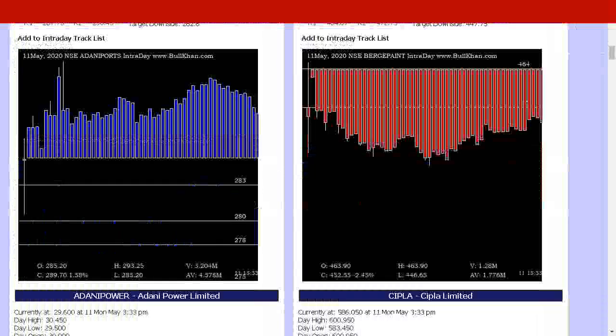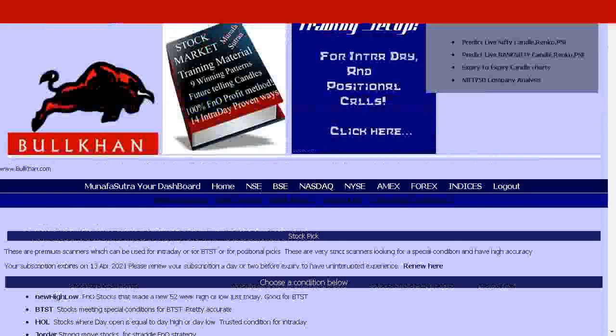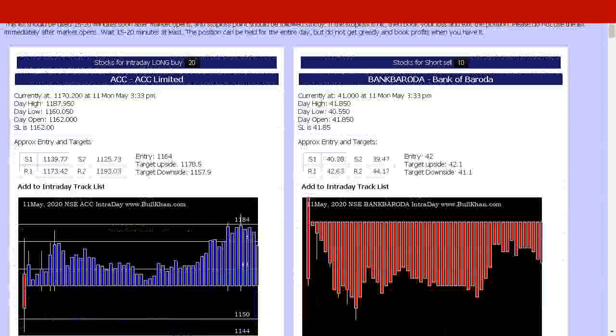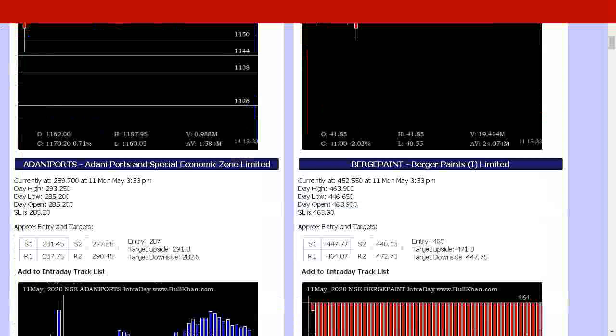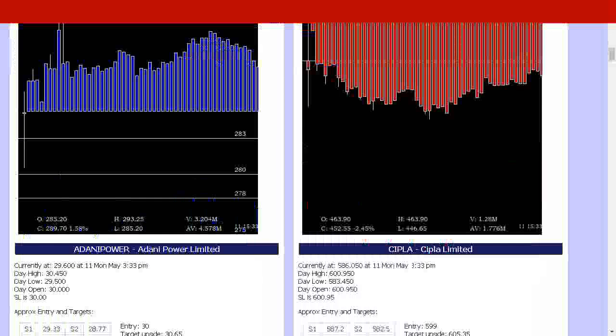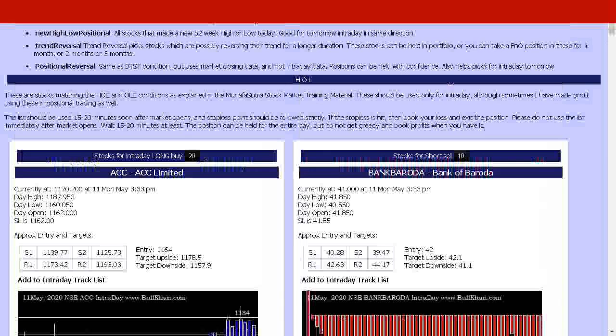On this right-hand side, these are all sell calls. Likewise, on the left side of this same page, these are all buy calls. You can buy this and book your profit quickly.